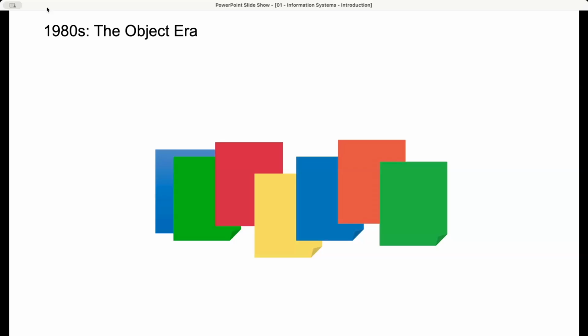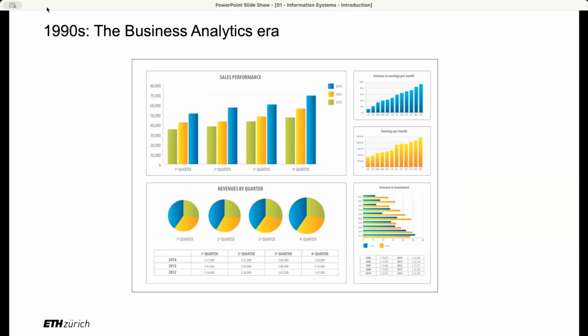And then things continued to evolve. You might have heard of C++, Java, so that was all the object-oriented languages that appeared in the 80s and 90s. So that was the object era, and some people tried to bind their databases to these languages. Then in the 90s, that was the business analytics era, where startups were created in order to analyze cubes of data.